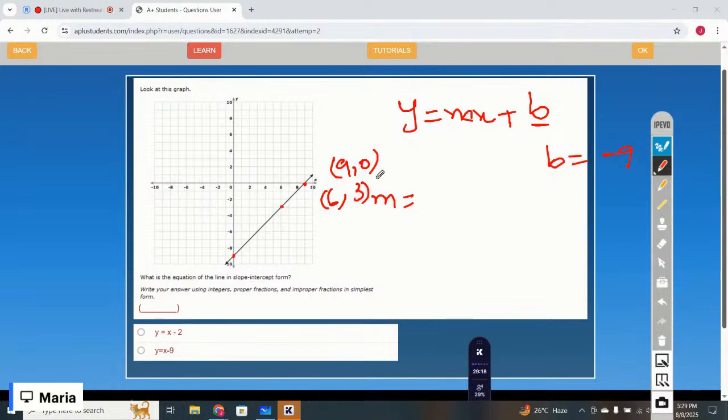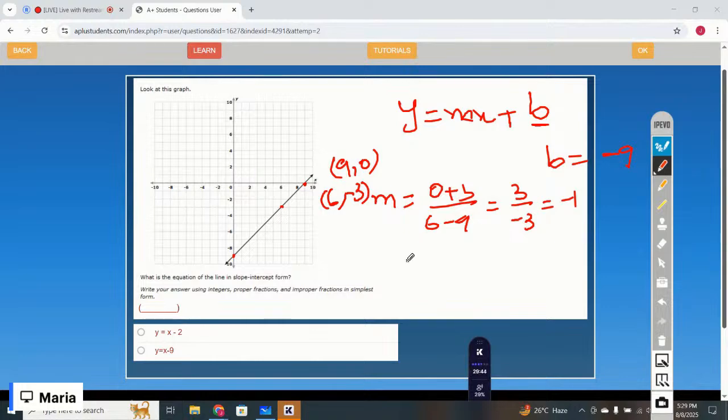So that would be y2 minus y1 over x2 minus x1. So 0 minus 3 divided by 9 minus 6, that is negative 3 over 3, negative 1.